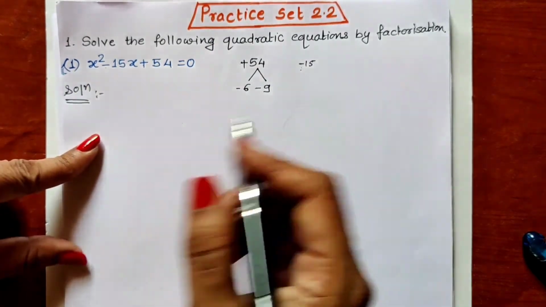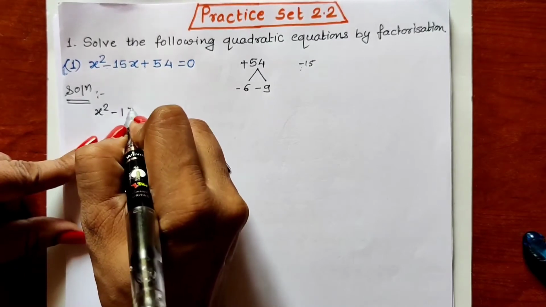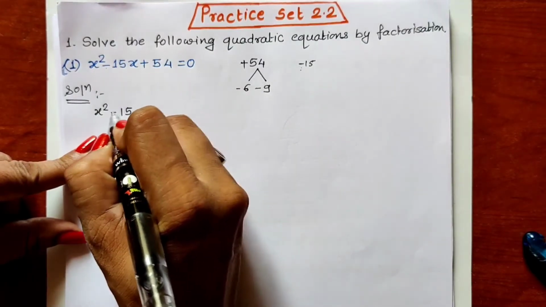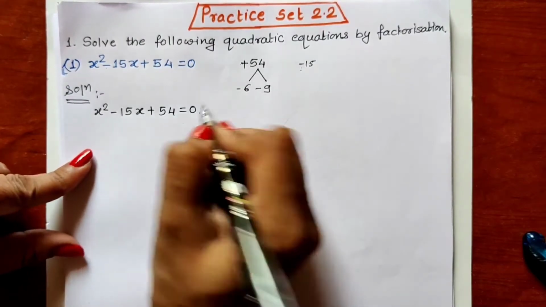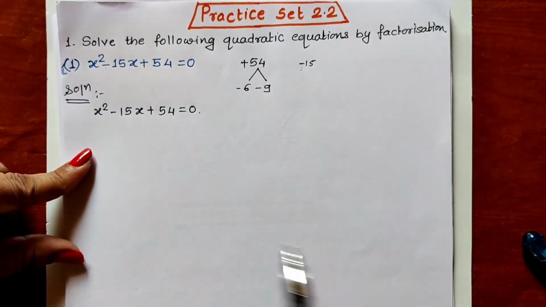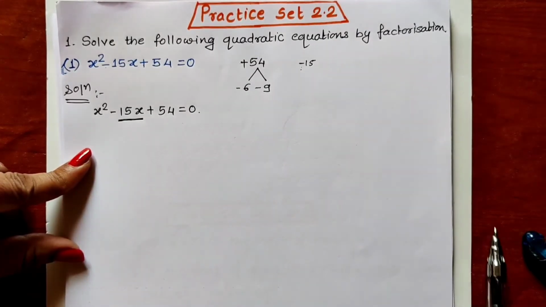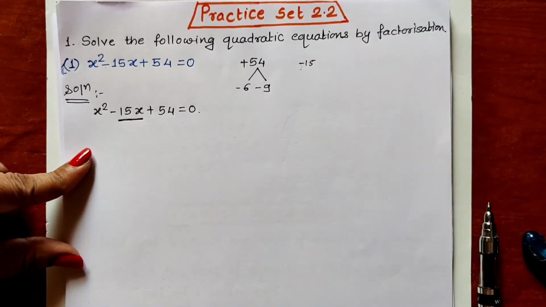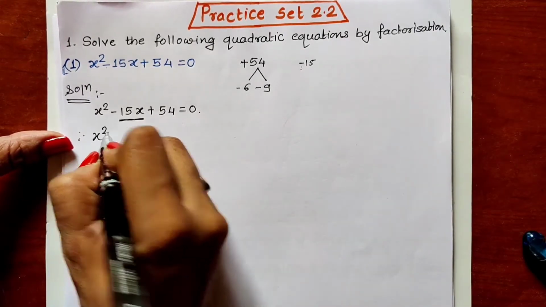So let us factorize. We will write the given equation once again. x square minus 15x plus 54 is equal to 0. Now in place of this middle term we will write two separate terms. First term we write as it is, x square.